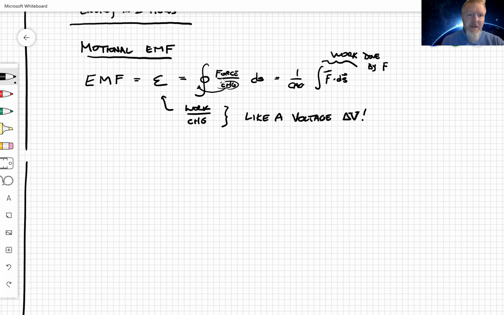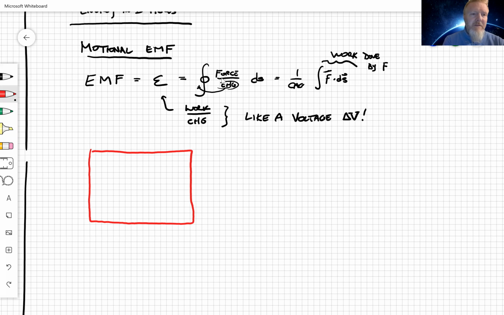Suppose I have a region of magnetic field here. Oops. No. Oh man, this computer. So suppose I have a region of magnetic field here. Okay.